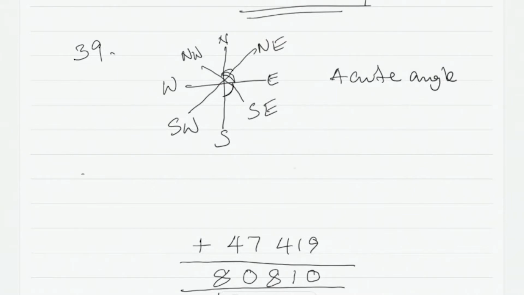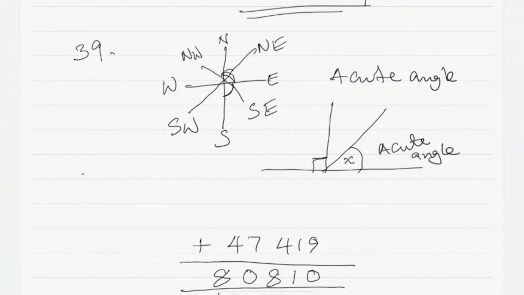The diagram shows that angle x, from the straight line, which could have made 90 degrees, is less than that 90 degrees. So this is a very good example of an acute angle.